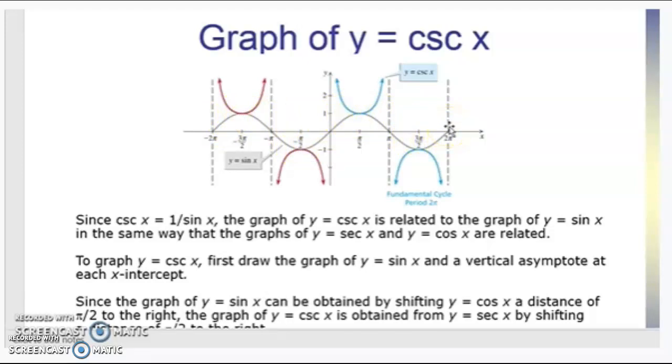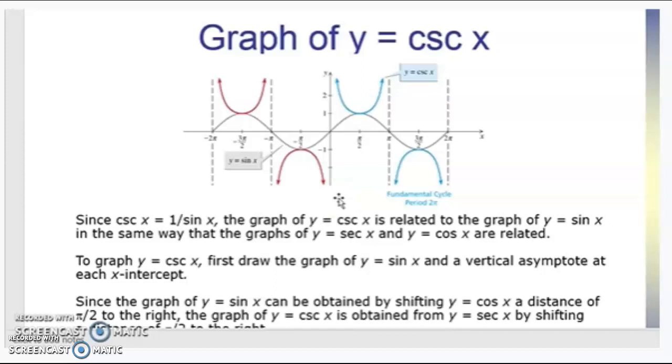So graphing the sine function serves as a reference to assist us when graphing the cosecant function. Again, we cannot divide by 0, so anytime the sine of x is equal to 0, that will create an asymptote on the cosecant graph.